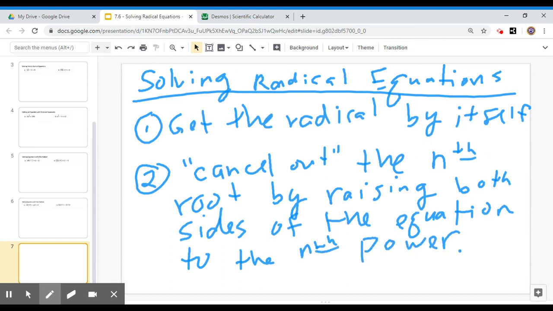So that's, in a nutshell, what we did to solve the radical equation. So get the radical by itself on one side of the equation, and then you have to cancel out the nth root by raising both sides to the nth power, and then just solving for x.